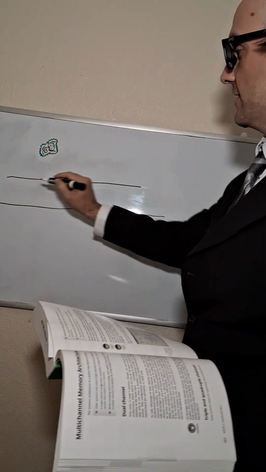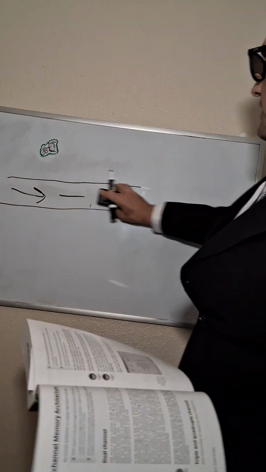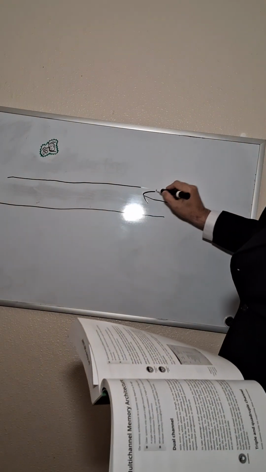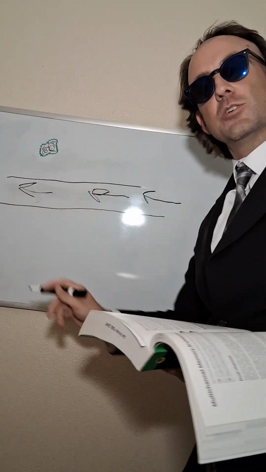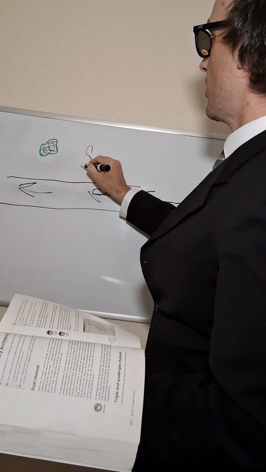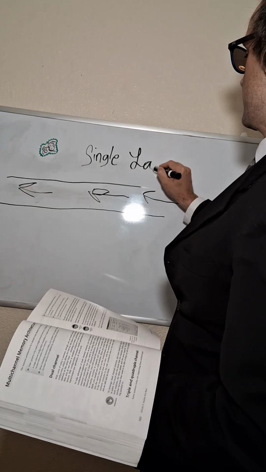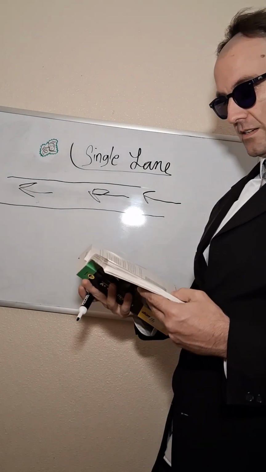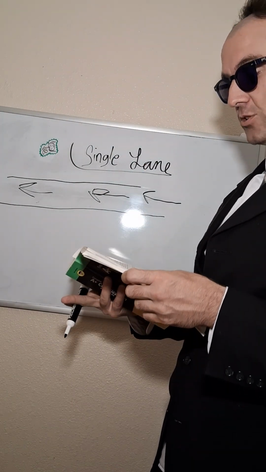We go out, we send information, and after it's sent, we go back and we receive information on this one single lane. Older systems use single lane configuration.